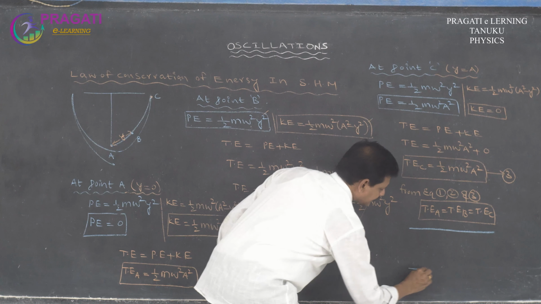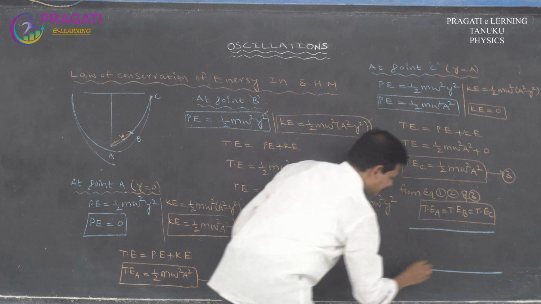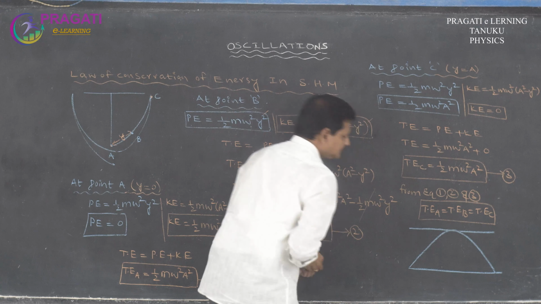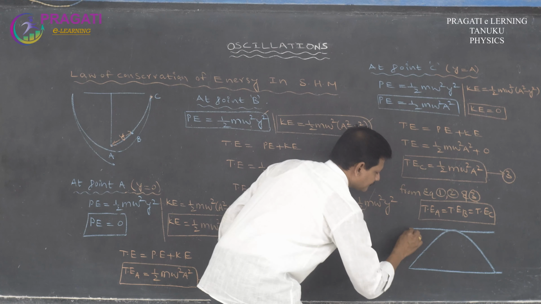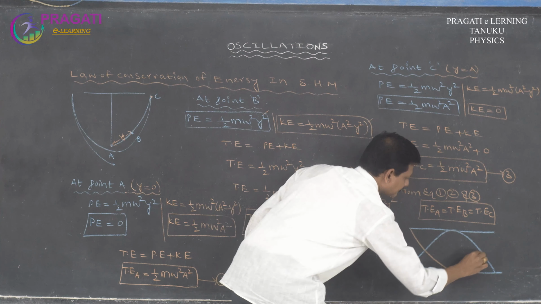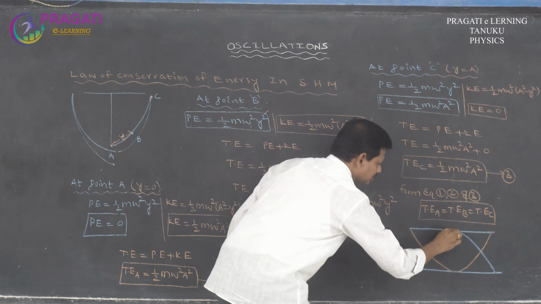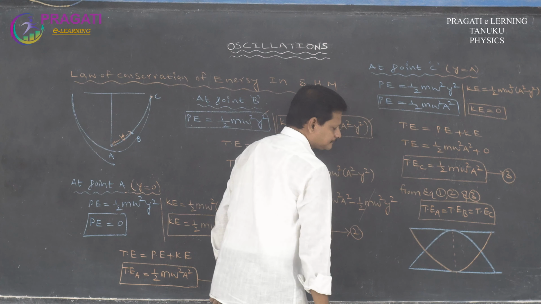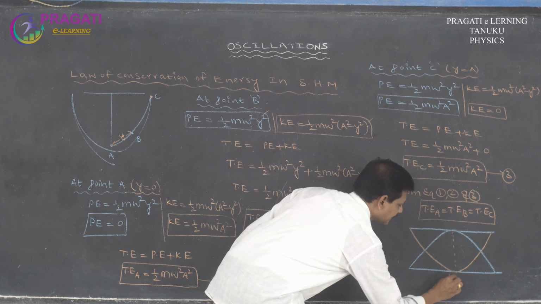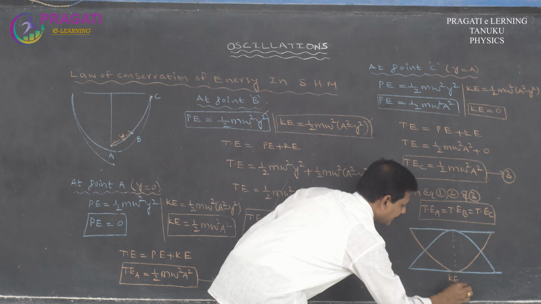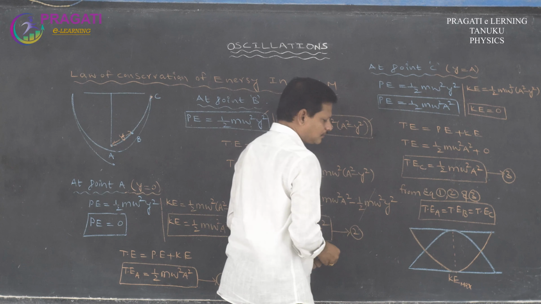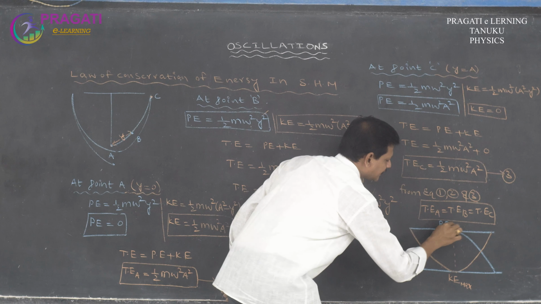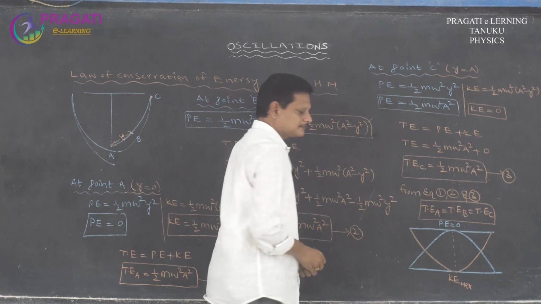Let us consider a particle performs simple harmonic motion. Okay. So this is the mean position. At mean position, kinetic energy KE is maximum. Okay? At the same time, potential energy is 0.